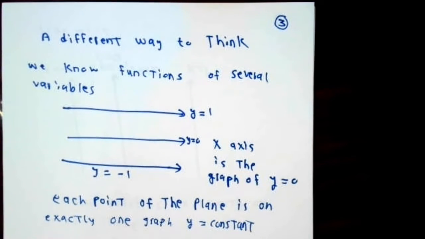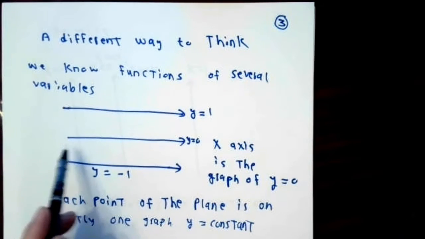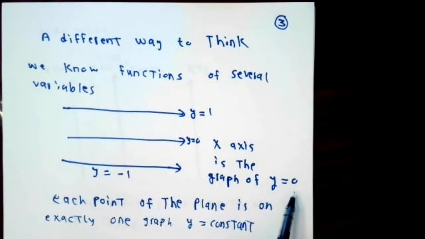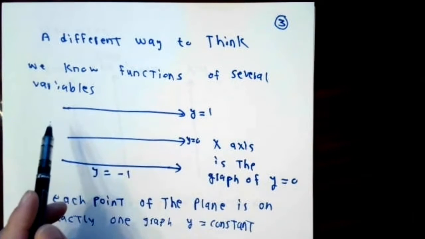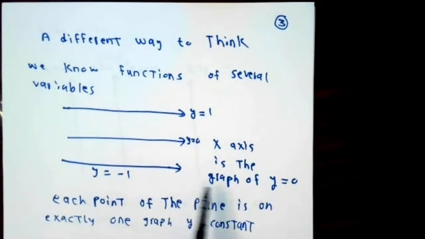I want to think about coordinates, but I want to think about it differently than we have before. I can think of the x-axis as being the graph of y equals 0. I'll have another horizontal line, y equals 1, another y equals -1.